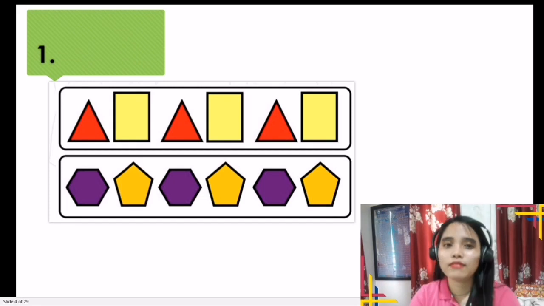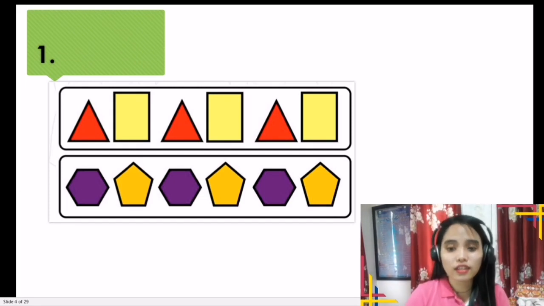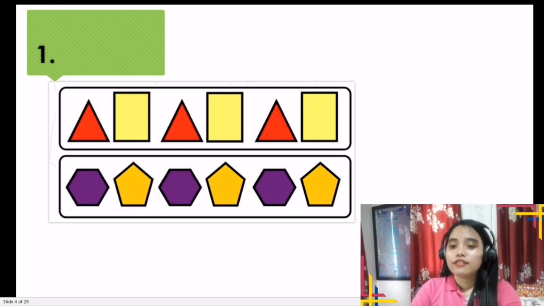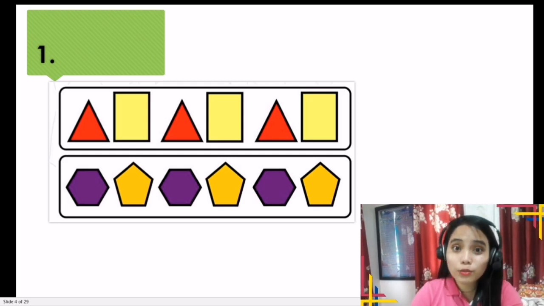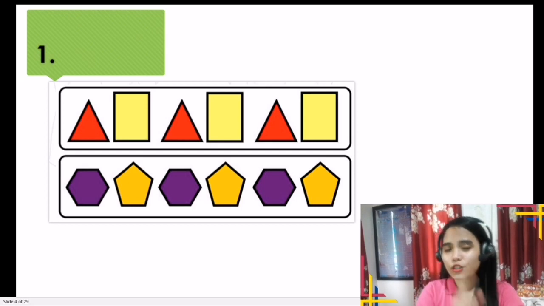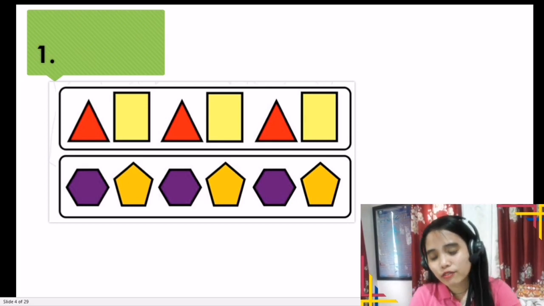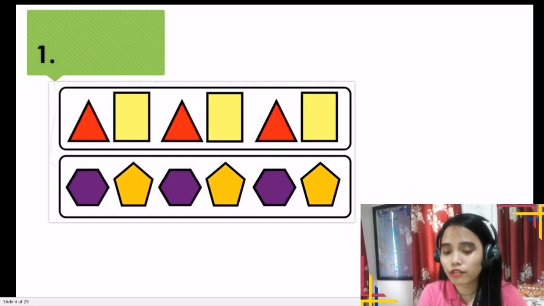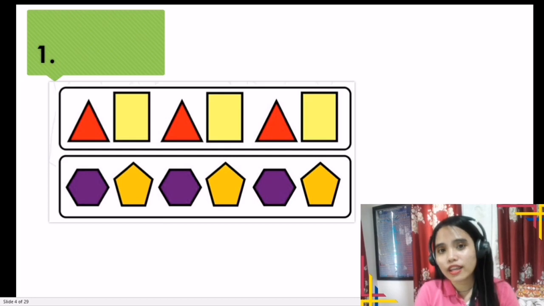So, let's have these figures. We have triangle, rectangle, triangle, rectangle, triangle, and rectangle. What could be the next figure here? That's right, triangle. How about below? We have the violet figure, that is a hexagon, and the yellow is called pentagon.